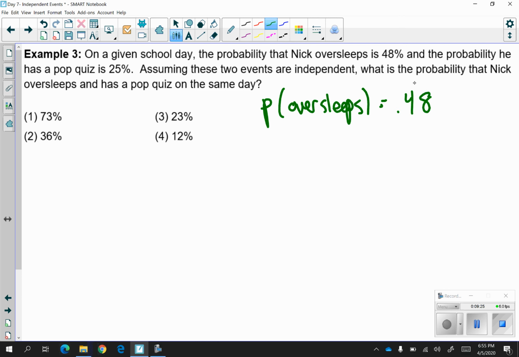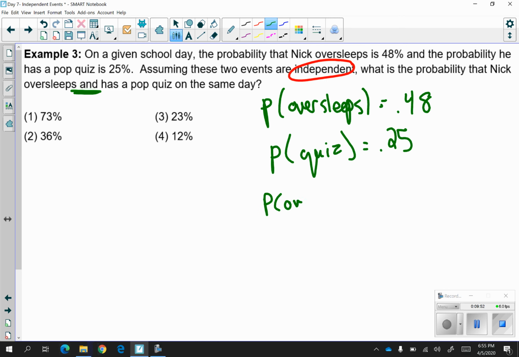The probability that he has a pop quiz is 25%. So the probability of a quiz is 0.25. Assuming these two events are independent, what is the probability that Nick oversleeps and has a pop quiz on the same day?